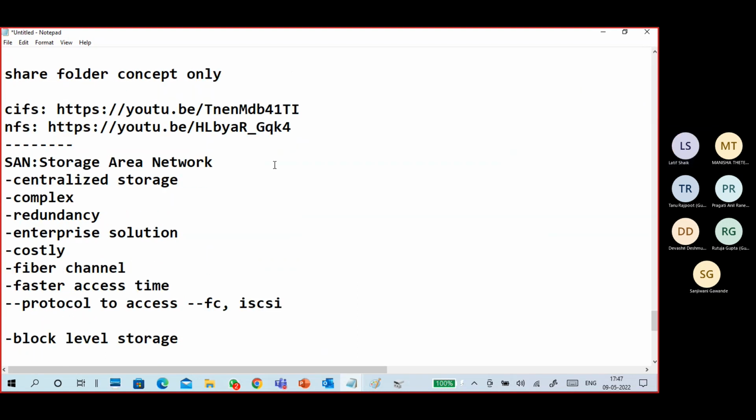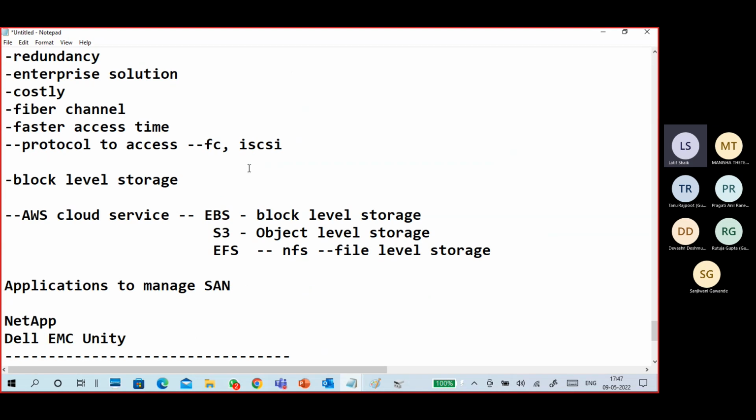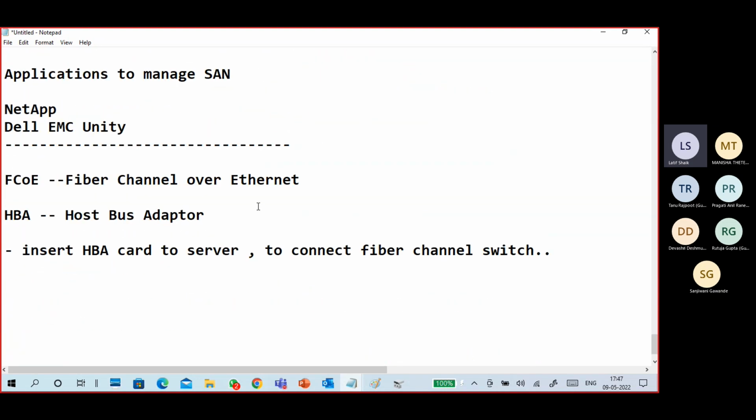Next, SAN. SAN is a centralized storage, complex but with redundancy. An enterprise solution, costly. We use fiber channels, and because of that we get faster access time. It is block level storage. We use separate virtual appliances or applications.